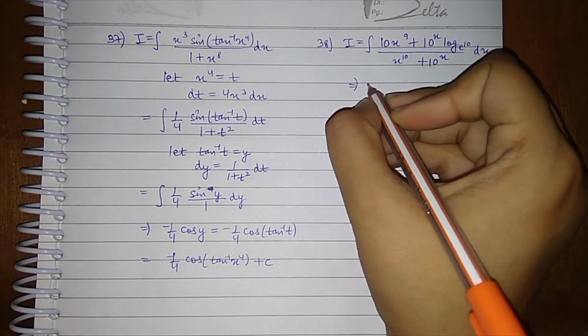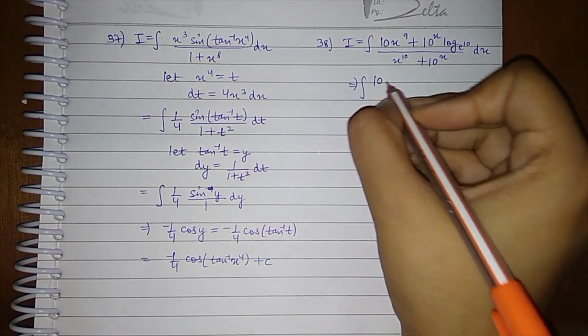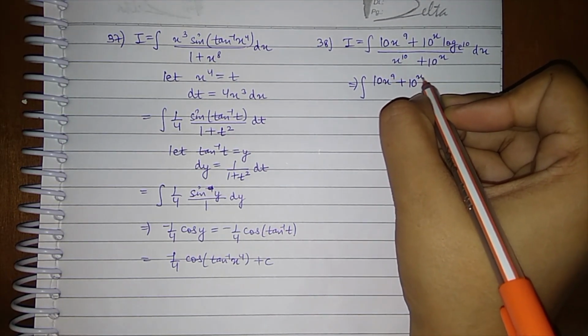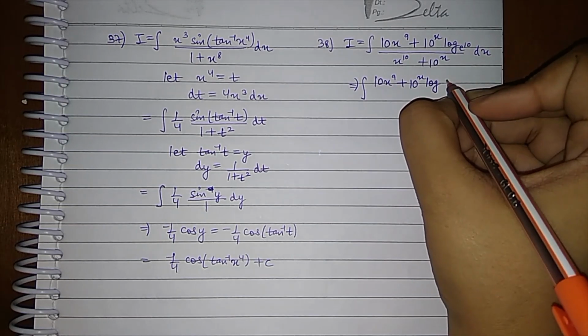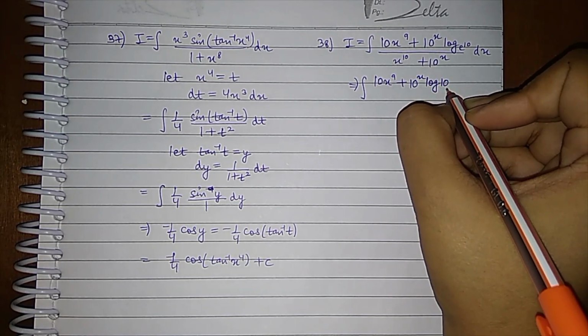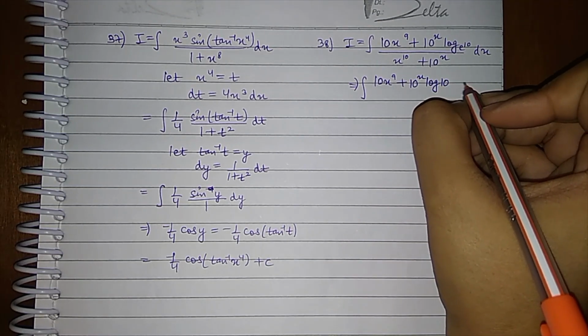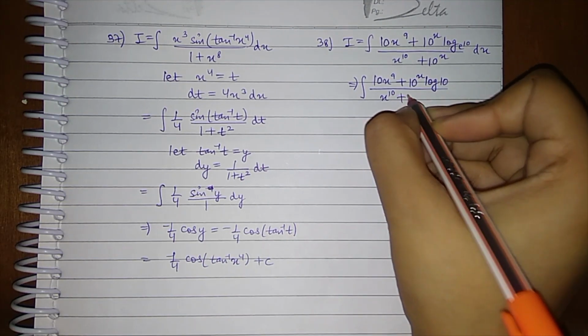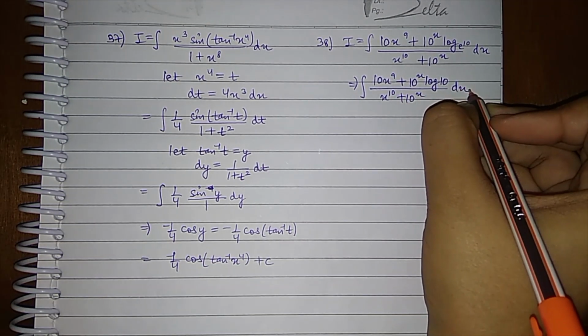Here what we can do is write log base e of 10 as log 10 upon log e, and log e is 1 already, so we get log 10 upon x to the power 10 plus 10 to the power x dx.